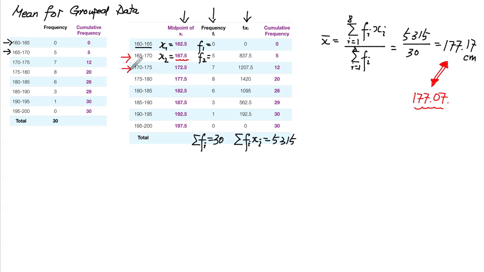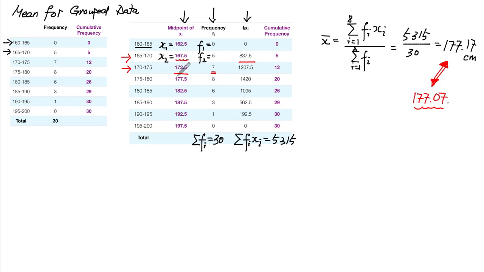In this particular bin, we're letting all 7 people have a height of 172.5. So what we're doing here is, you can think of it as being a simple mean, in that we add 167.5 plus 167.5 plus 167.5 5 times. Therefore, 5 times 167.5.